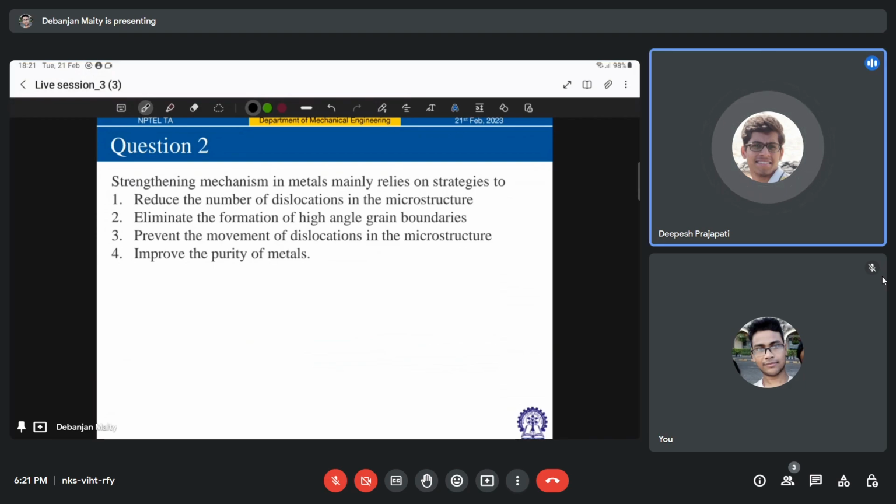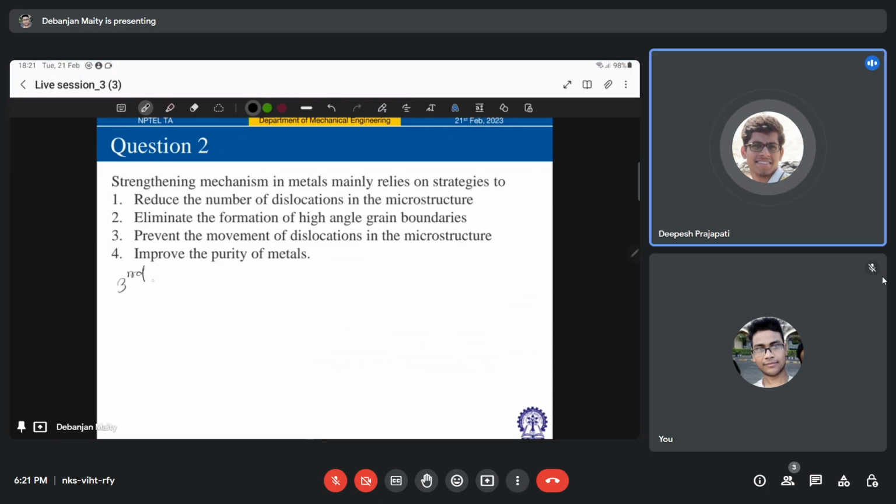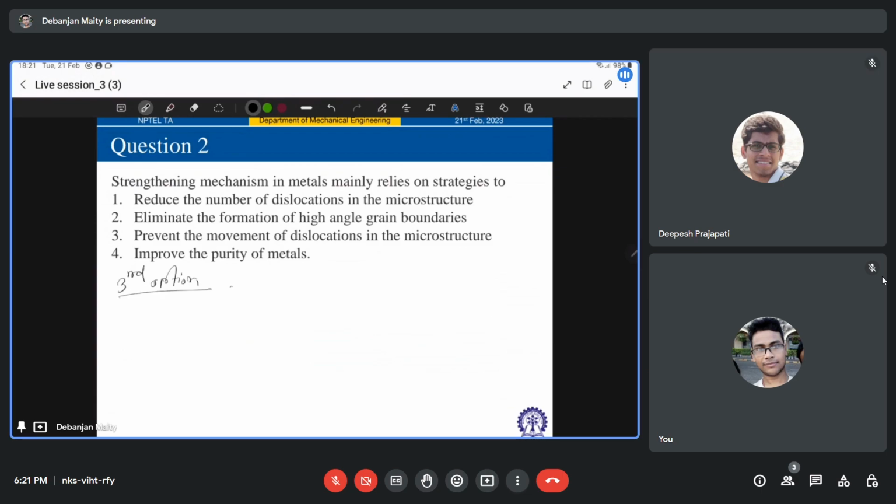Movement of dislocations. The third option, right? Yes, yes, sir. So whenever you are preventing the movement of the dislocations in the microstructure, you are somehow strengthening the metal. So that's what we discussed in our earlier question. The same thing.